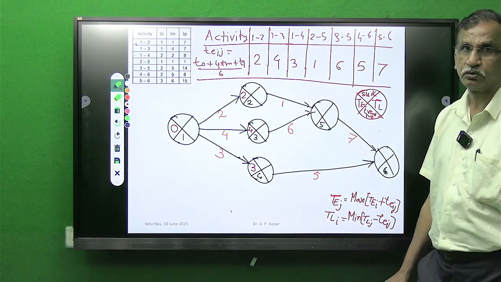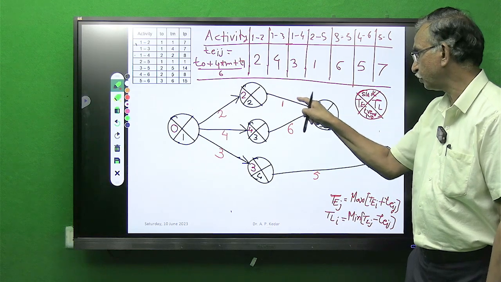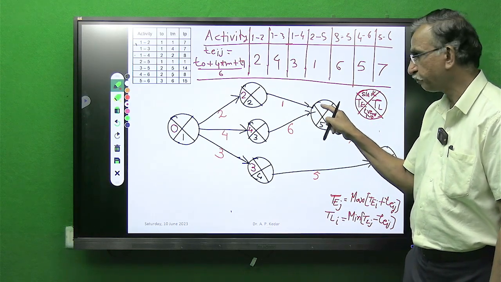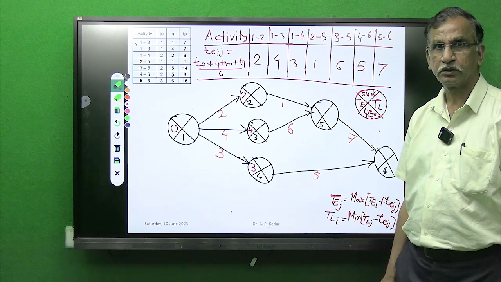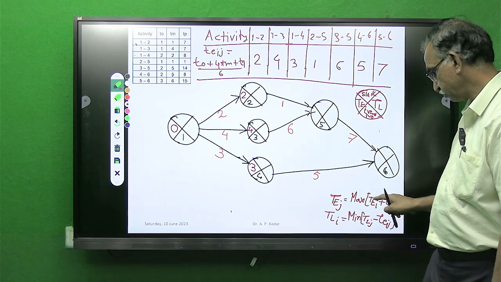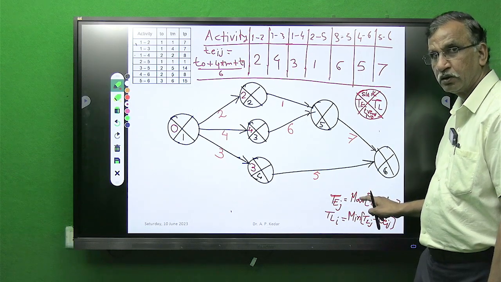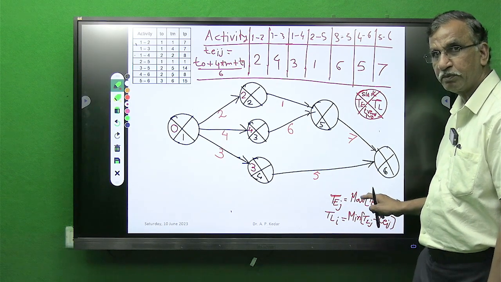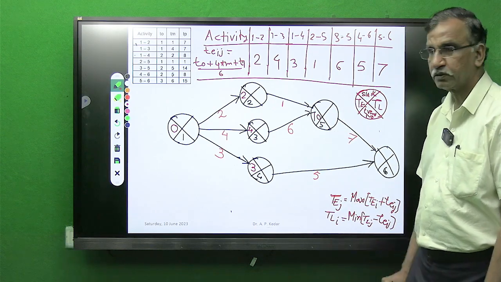Which value should I write? By this route I get 3, by this route I get 10. Which value should I write? Maximum of 3 and 10, maximum 10. Write 10. Got it?